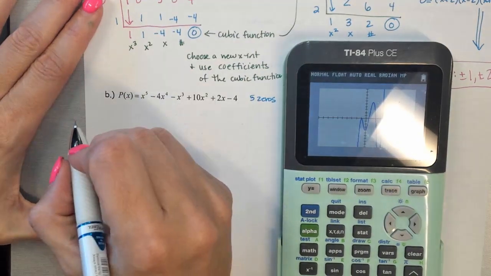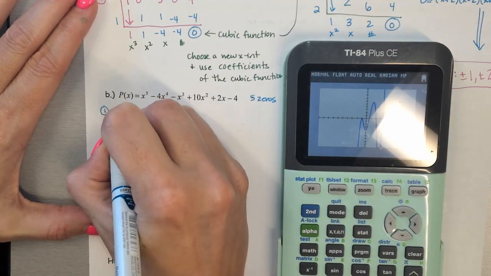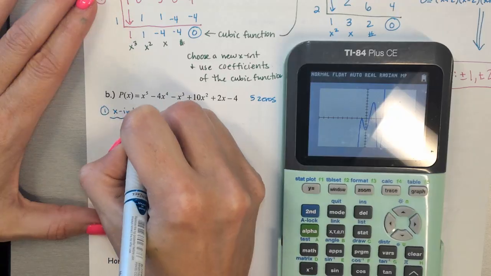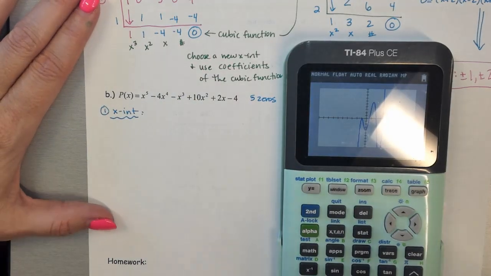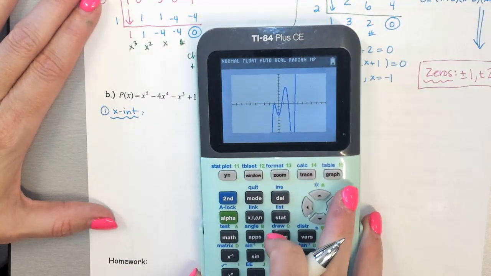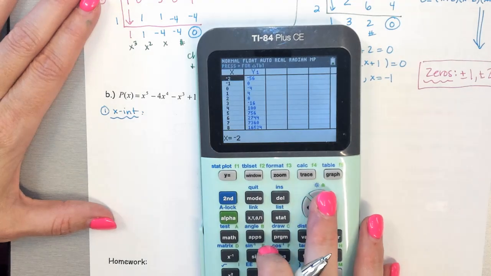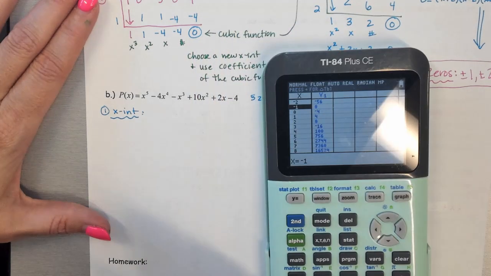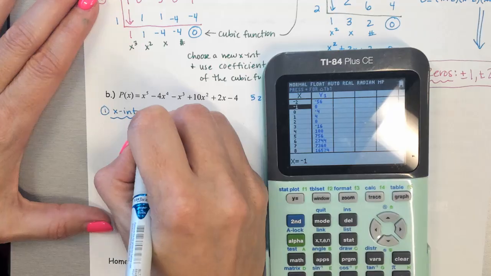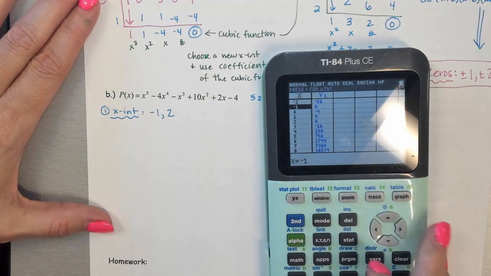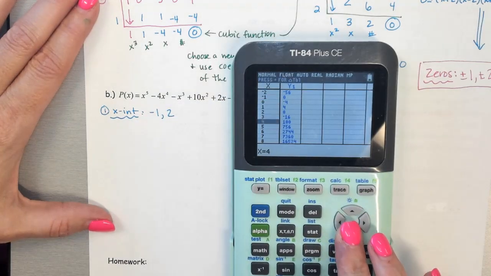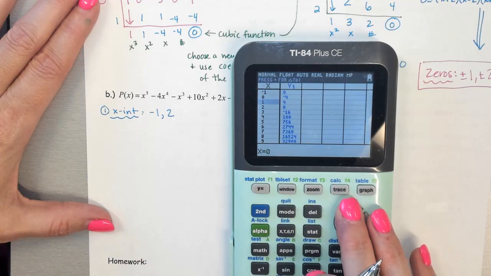Once you get to your graph, your first step is to write down those x-intercepts. Again, if you're having trouble identifying them just from this alone, please use your table function so you can see them. So you have -1 and 2 in terms of your whole numbers, right? In terms of the integers.